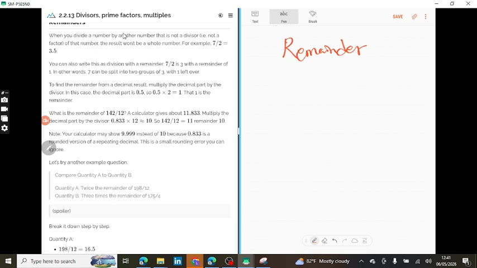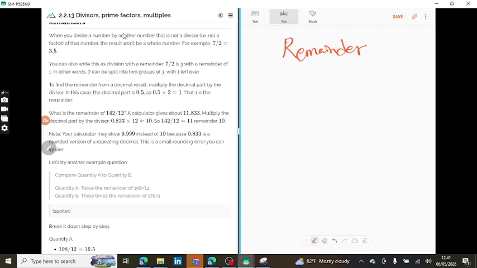The question is compare quantity A and quantity B. Quantity A is twice the remainder of 198 divided by 12, and quantity B is 3 times the remainder of 175 divided by 4.